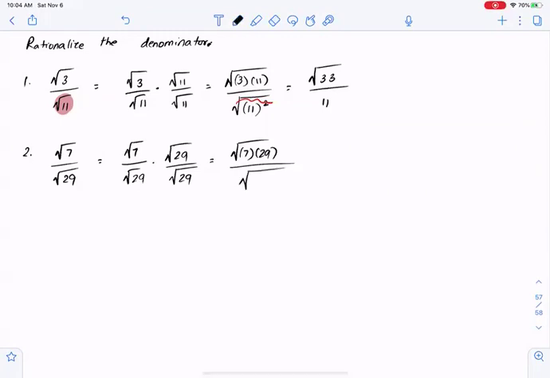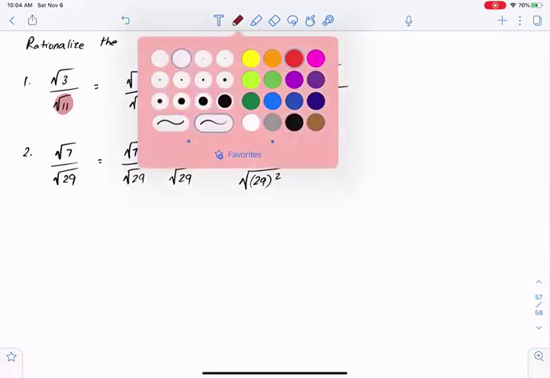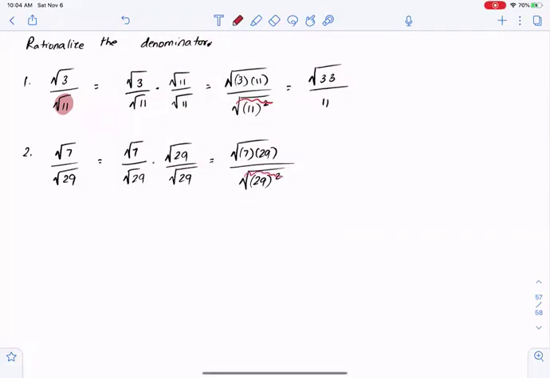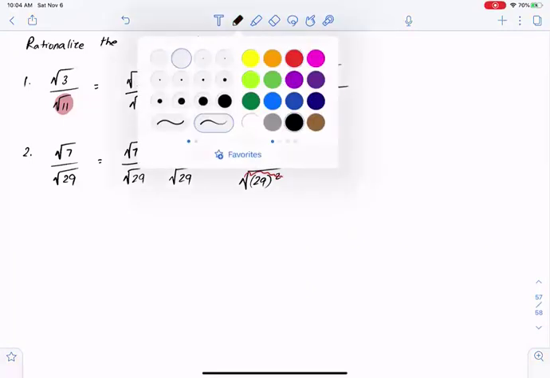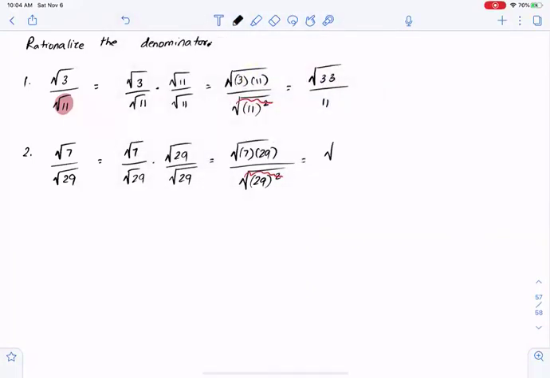That would give me square root of 29 squared. The root and the square will get cancelled. So in the numerator, I'll have square root of 29 times 7, which is 203, divided by 29.